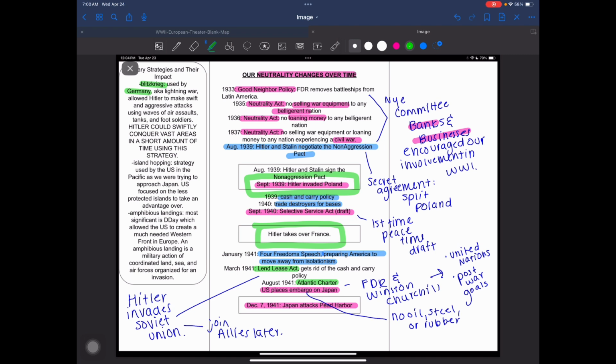So we create what's called the island hopping strategy, where we're not going to focus on every single island that is under Japanese possession. We're going to actually hop from island to island, and we're going to try to choose the islands that are not as heavily protected. And our goal is to hop to get close enough to Japan. We've got to get close enough to Japan to invade and eliminate them as a threat.